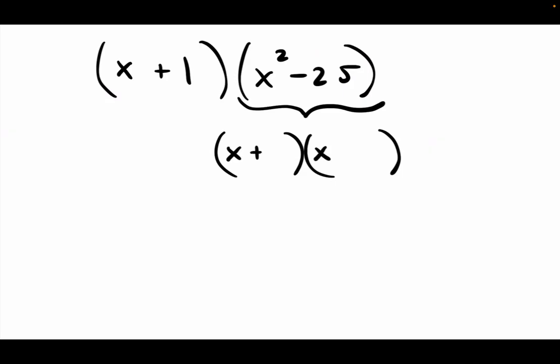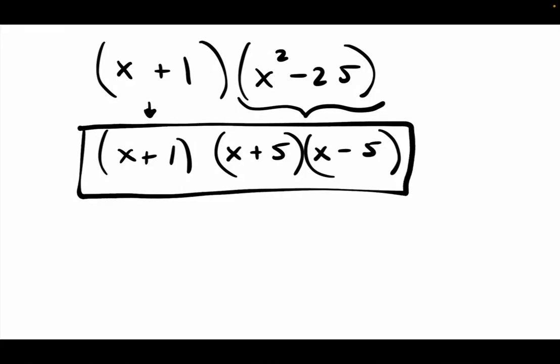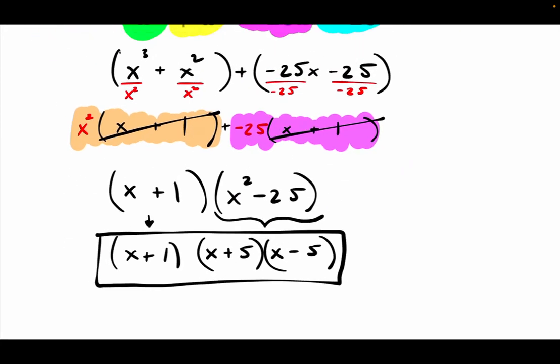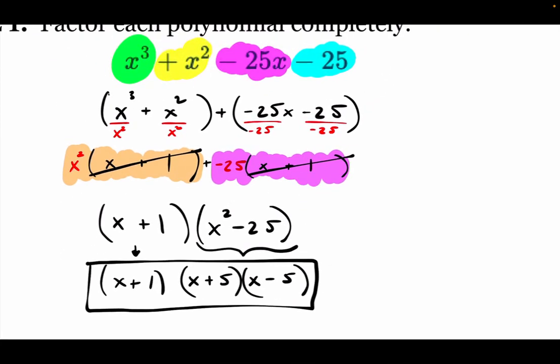One gets a plus, one gets a minus. What's the square root of 25? 5. The other one was not difference of squares, so we just bring it down. Done. That's called factoring by grouping.